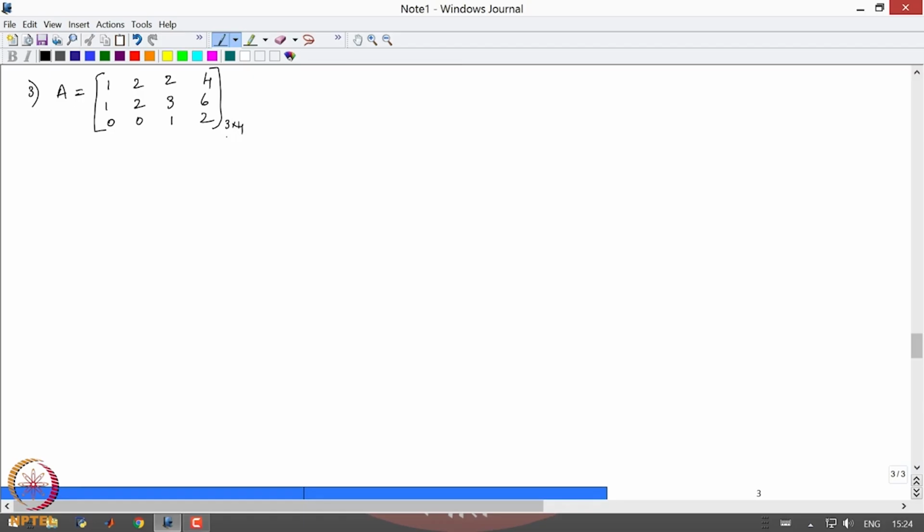So, we are given a 3 by 4 matrix A with the following elements. Now, we are asked to find its rank, nullity, a basis for the row space, and then the column space, and also the null space.